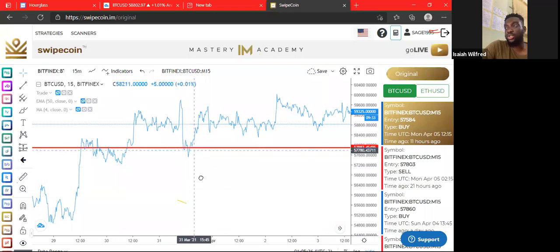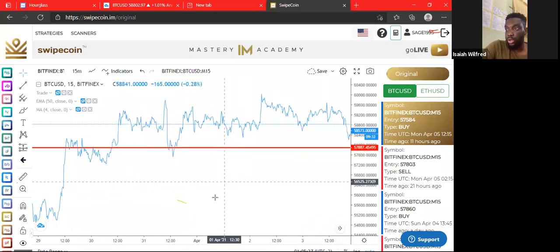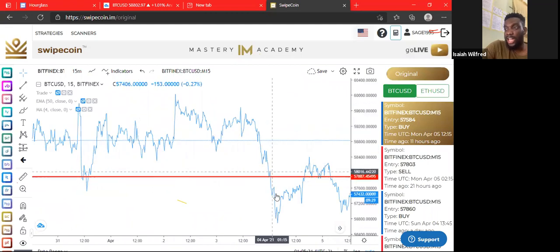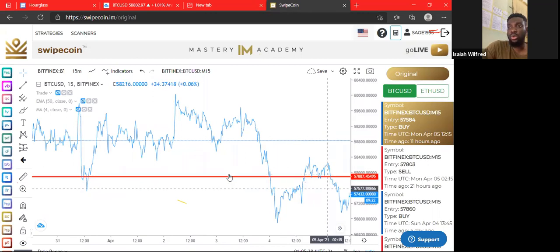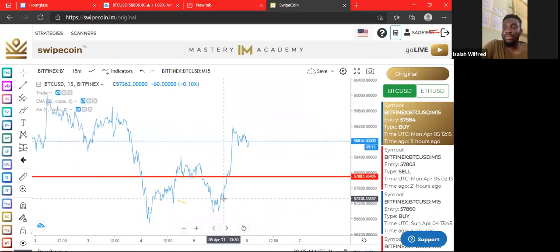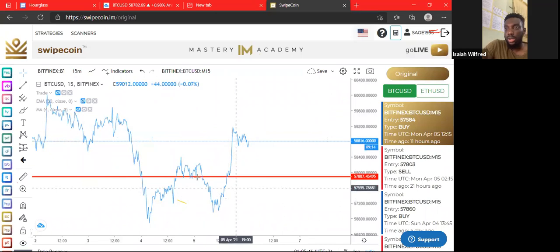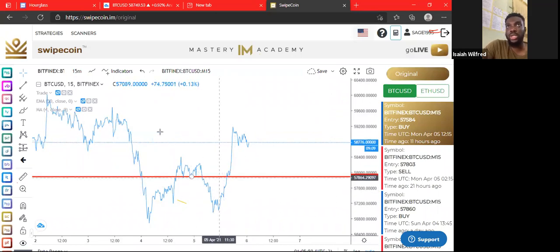Same thing happened here. So here as well, it dropped here, it hit here, it bounced up, it finally broke through. It tried to break here again. So it dropped again, just like that, right? So that's what it was actually doing. So I can say, okay, this is actually my resistance line.